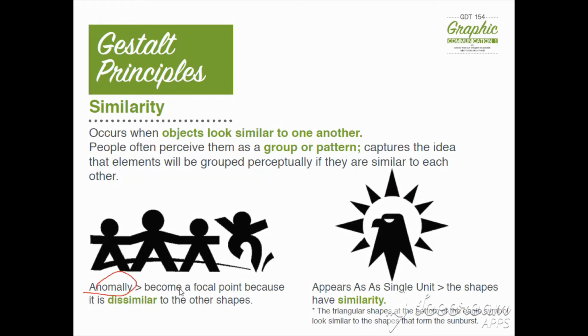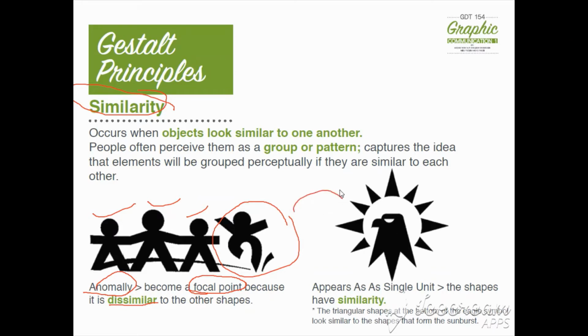Anomaly becomes a focal point, yang ni, because it is dissimilar to the other shapes. Shape ni sama, tiba-tiba dia create different action dekat sini untuk dijadikan sebagai focal point. So ini adalah dia panggil trait sebagai similarity. Dia very similar tapi satu ni dia jadikan anomaly tu untuk nampakkan sebagai focal point.